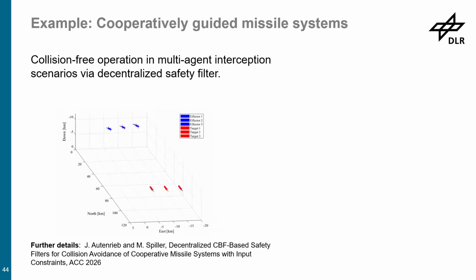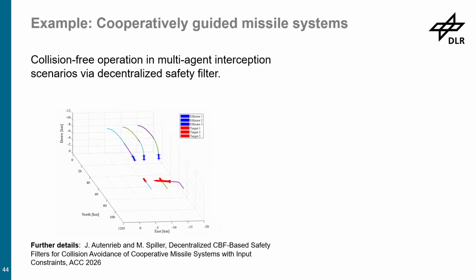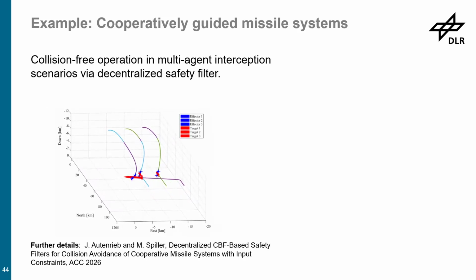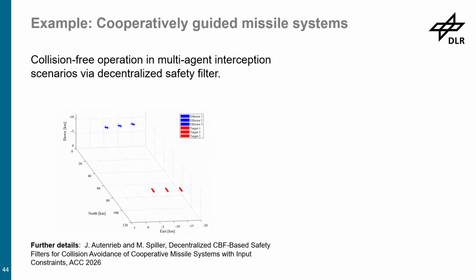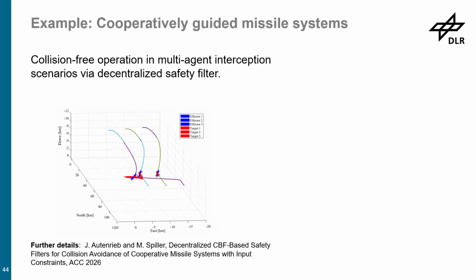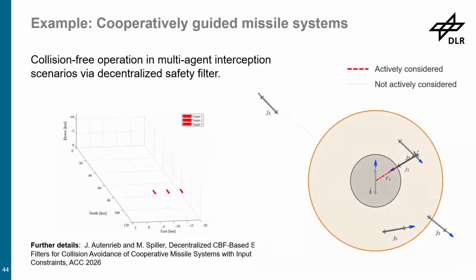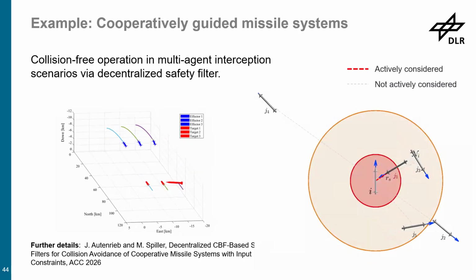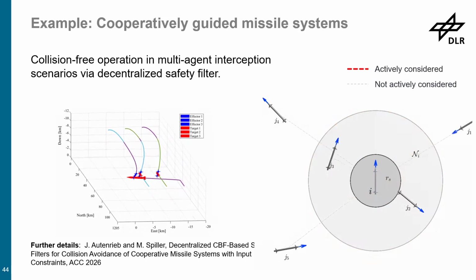And by that, you have the issue that they could potentially collide, right? And we took this as a motivation to start finding an approach with CBFs. And we came up with something actually also very simple.